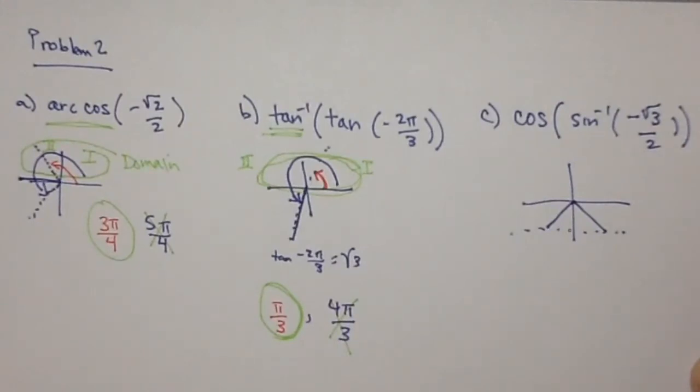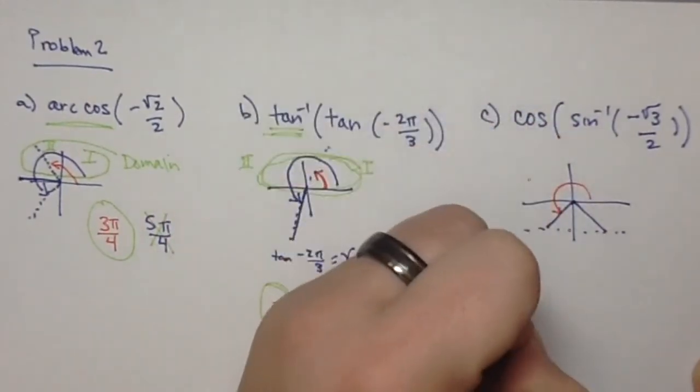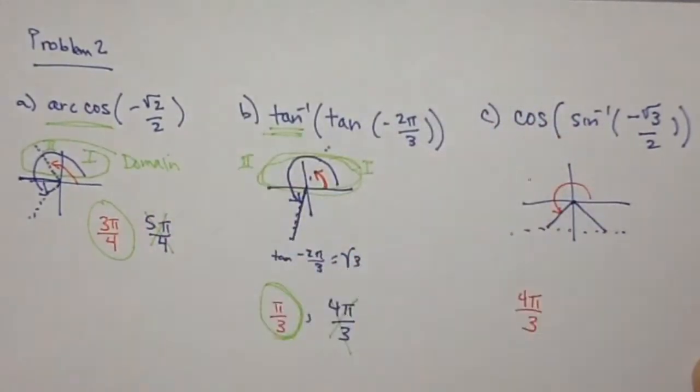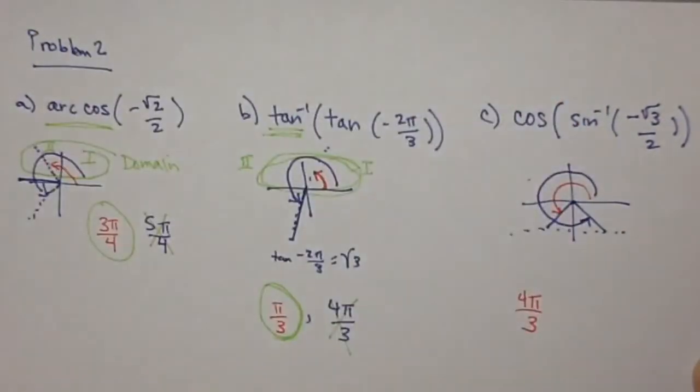The sine is negative square root 3 over 2 when we have 4 pi over 3. So this first one is going to be 4 pi over 3, or this one going all the way around, and that is 5 pi over 3.